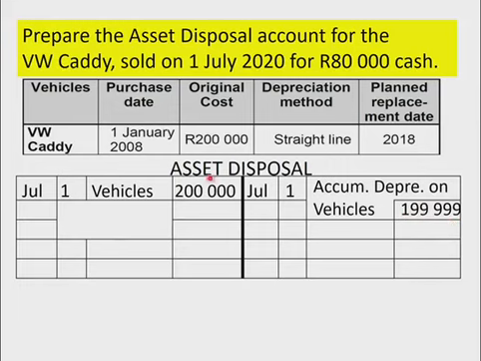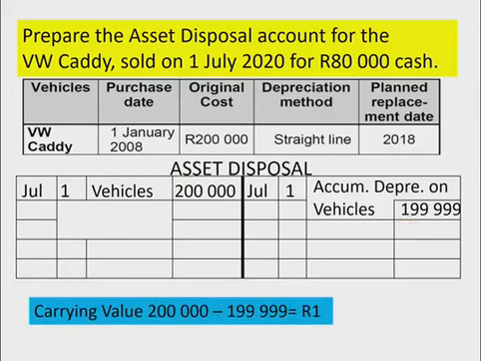So if I have my cost price and I have my accumulated depreciation, I can determine what's my carrying value. And that we also got from the earlier activity where we found out that the carrying value of the vehicle is 1 rand. So that will just be the difference between the cost price, which is 200,000, and the accumulated depreciation, which is 199,999.